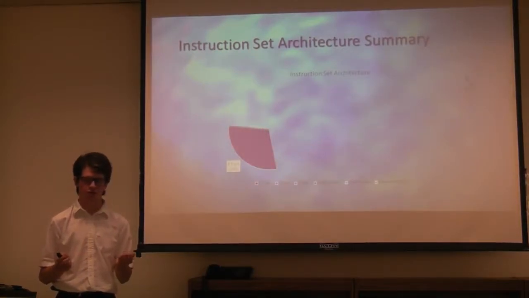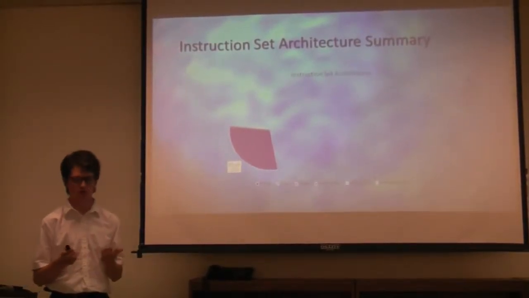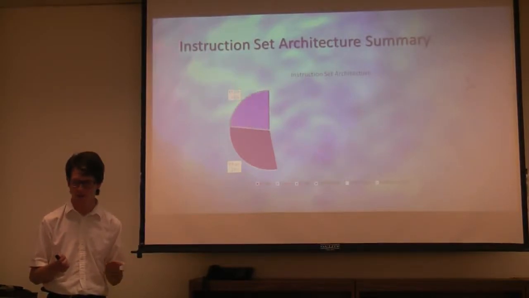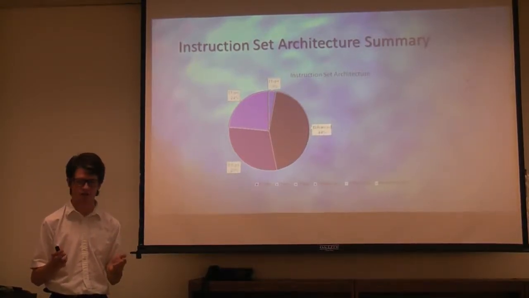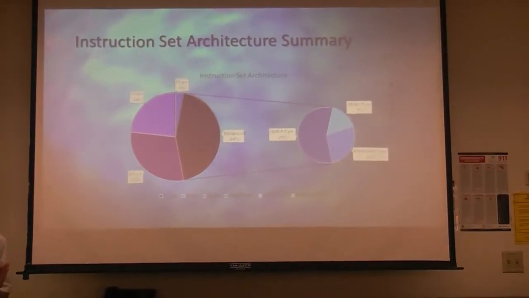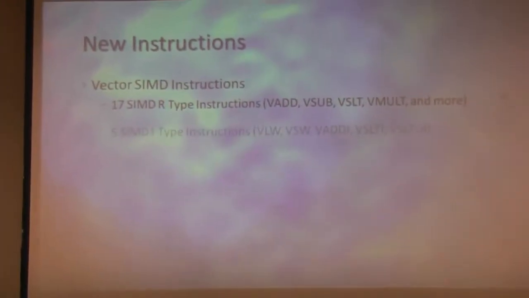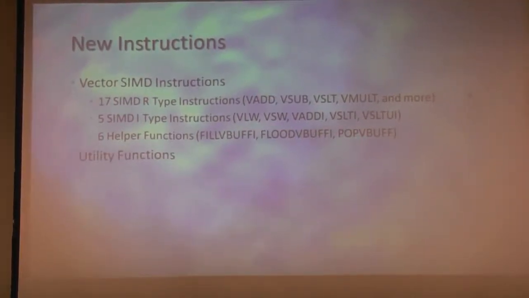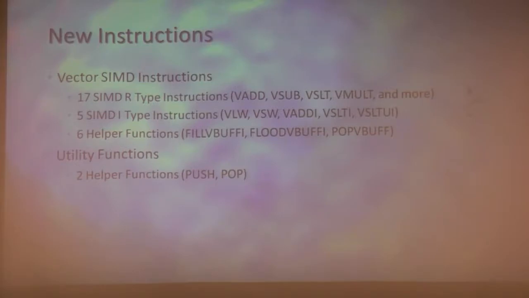So here we have our instruction set architecture, a flowchart, a pie chart representing the breakdown of instructions. 29% are R-type, 24% are I-type, 3% are J-type, and we have 44% are enhanced instructions, and a breakdown of each one. We have SIMD R-type, enhanced R-type, and SIMD I-type. So the new instructions we add are 17 more SIMD R-type.